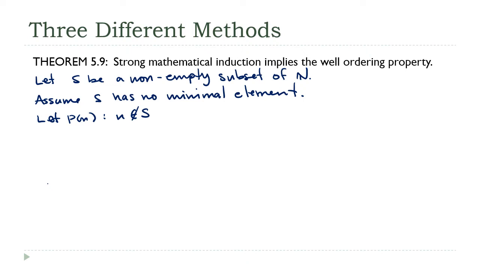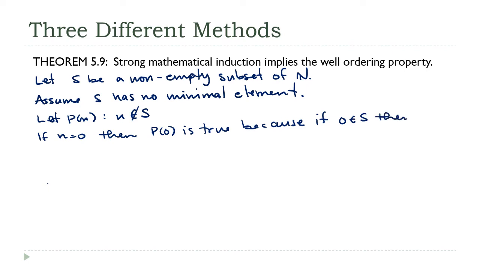So our basis step is looking at 0. If n equals 0, then P of 0 is true, because if 0 was an element of S, then it would be its minimal element.